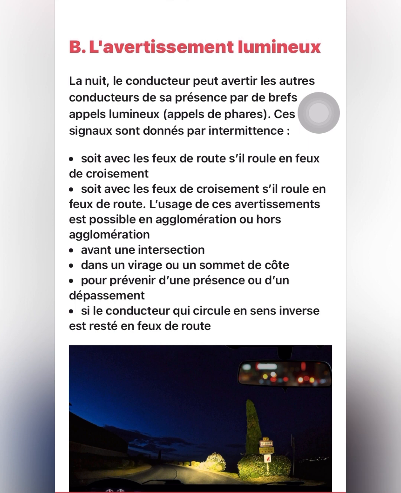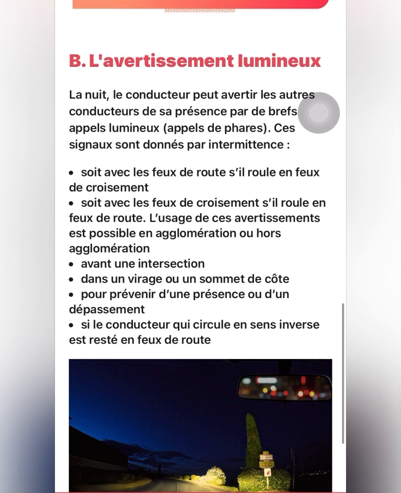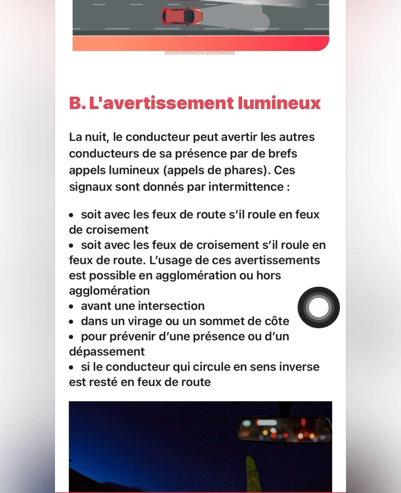Also, you can use it before an intersection, that is before a junction. And you can also use it at a curve. And also, you can use it to signal your presence or to prevent overtaking.